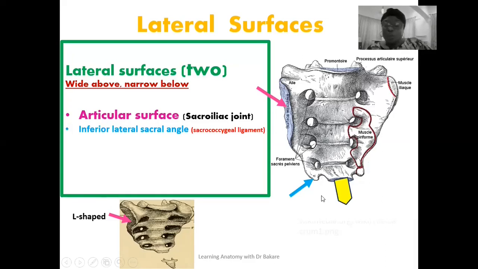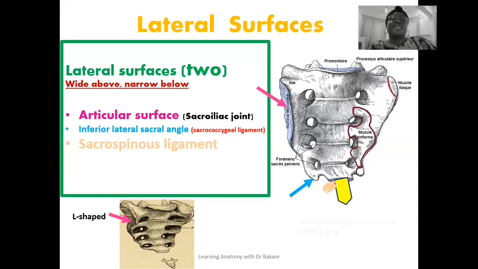If you also go more inferiorly, you have the attachment site for the sacrospinous ligament. And this is what is highlighted here at this point. This sacrospinous ligament is seen to connect the spine of the ischium to the lateral surface of the sacrum and also the coccyx. You also have the sacrotuberous ligament.